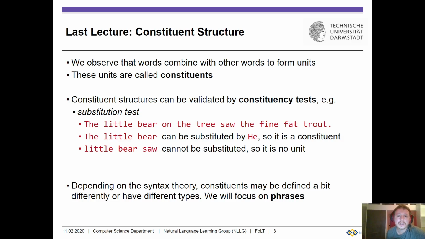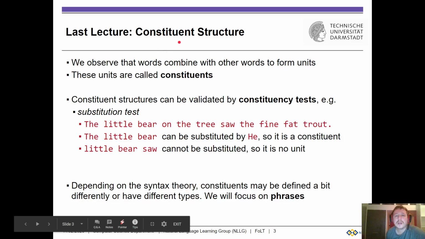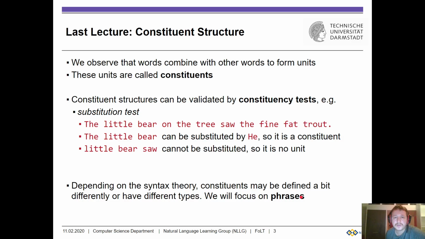The first one was constituent grammar, with different constituents such as noun phrases, verb phrases, preposition phrases, adjective phrases, adverbial phrases, etc. One instance of constituent structure is context-free grammar. Basically, they have rewrite rules where the left-hand side can be rewritten into some symbols on the right-hand side. We have also seen probabilistic context-free grammars.